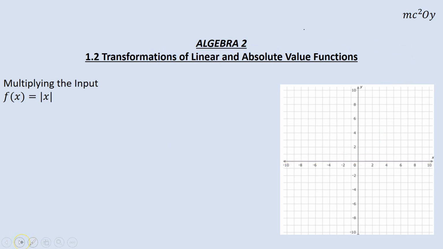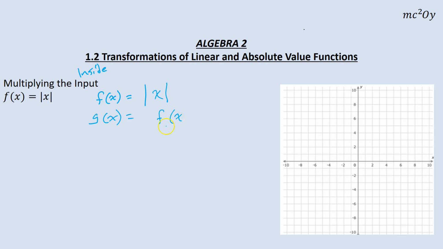All right, so let's move on to multiplying by the input. Multiplying by the input, I'm going to summarize here, happens on the inside, which means I'm going to take f of x, it's going to be equal to the absolute value of x. And so when I look at that in function notation, it's now going to be g of x is equal to f of x.